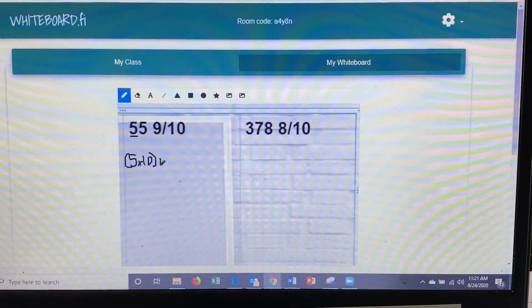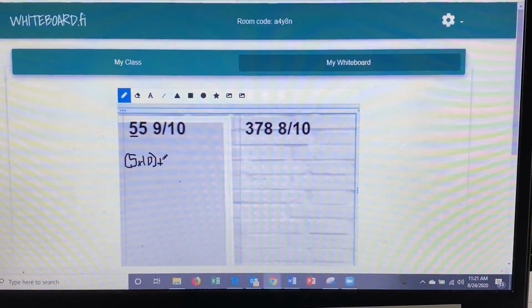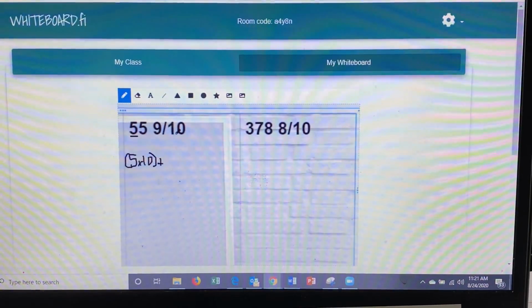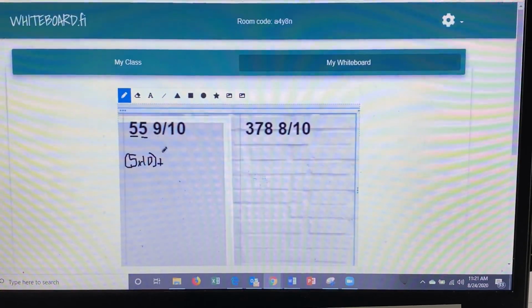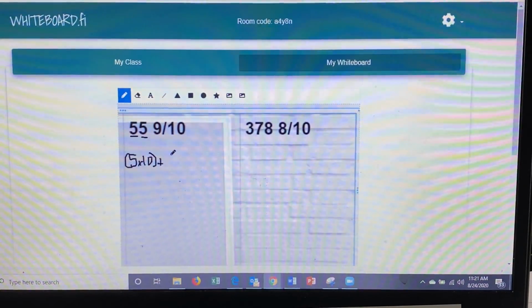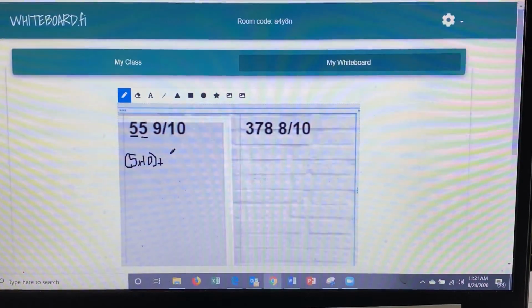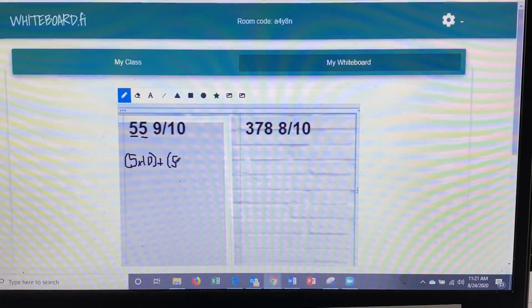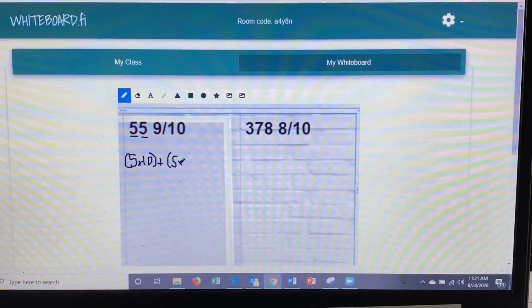I'm going to put the plus sign because remember, our math and our language, sometimes it means and we know that we have more units to show. So not only this tens place, but this ones place. How many ones do we have? You're right. We have 5 ones. So I'm going to represent that by writing 5 times 1.